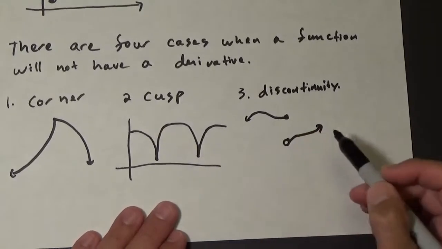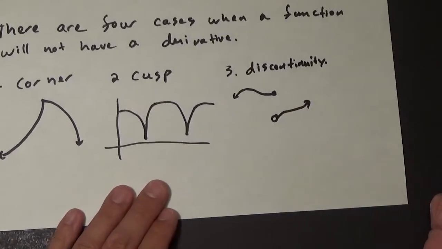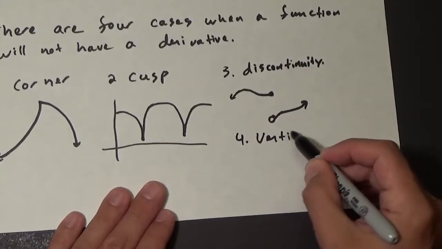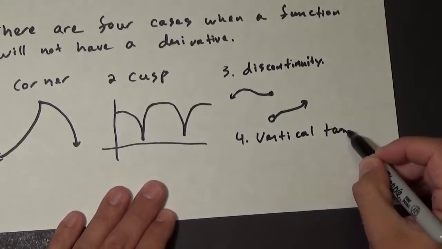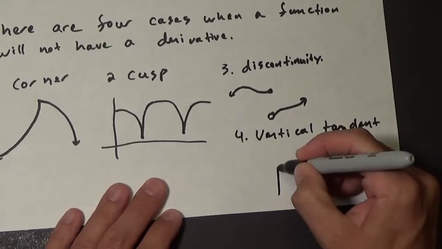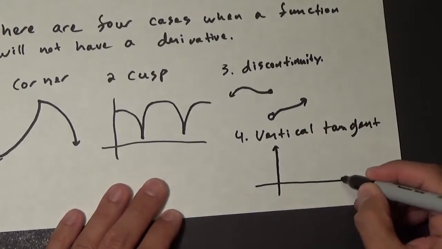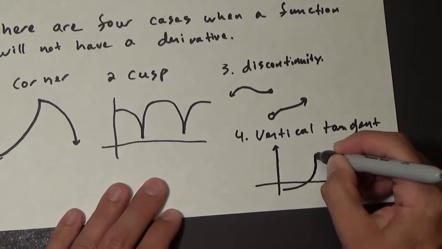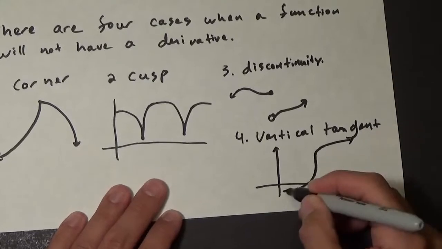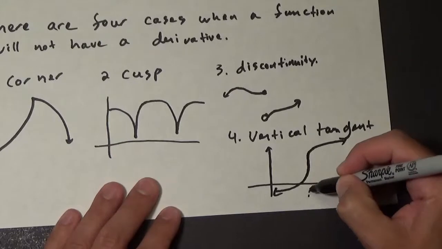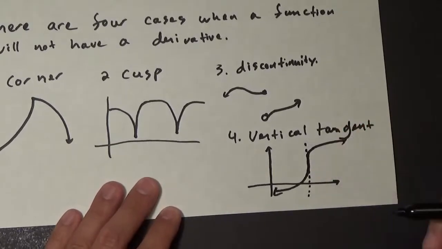Okay, and then the 4th one, let's see if I can fit it in here, would be a vertical tangent. So in this one, what's going to happen is we have a function, we're coming up, and then at some point it goes straight up and down and comes over. Okay. Now at this point here where it's straight up and down, we have a vertical tangent.